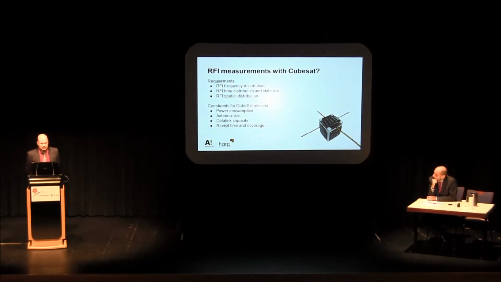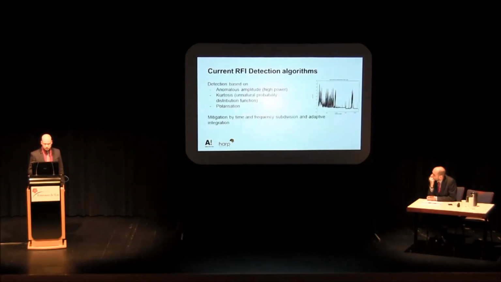If we want to do it with a CubeSat mission, then of course we face very severe power consumption restrictions, antenna size is limited, data link capacity is normally very limited, and also the revisit time and coverage can be limited depending on the orbit we are able to get or to get the piggyback launched.